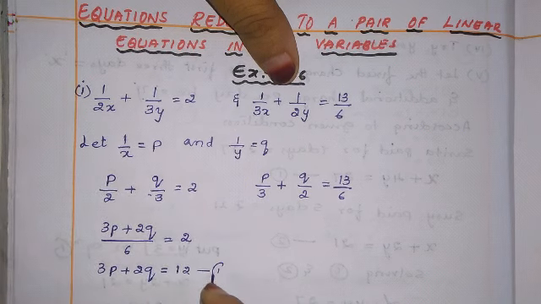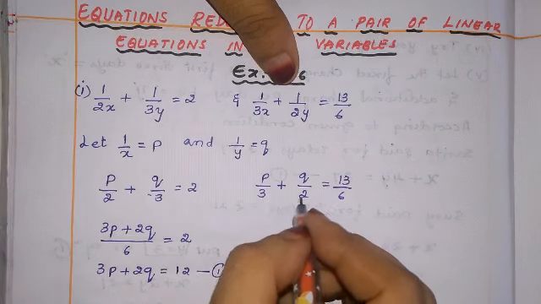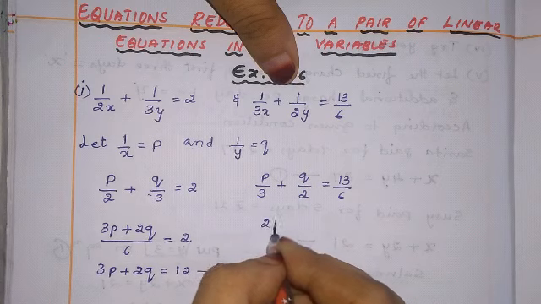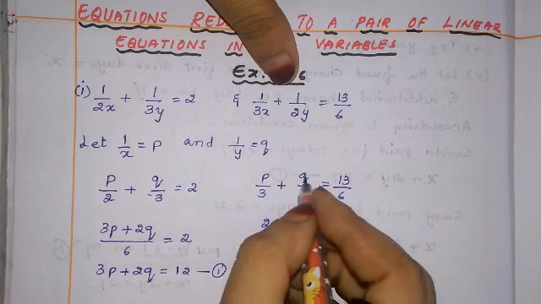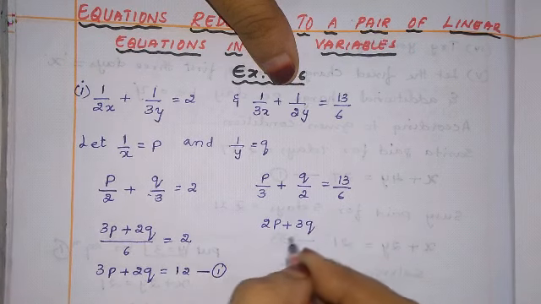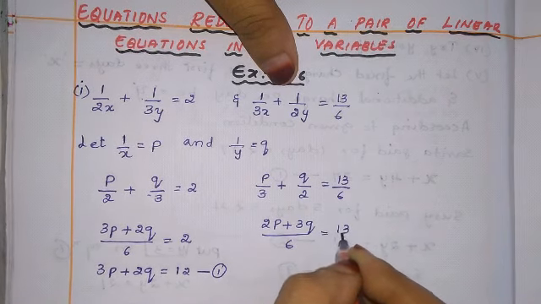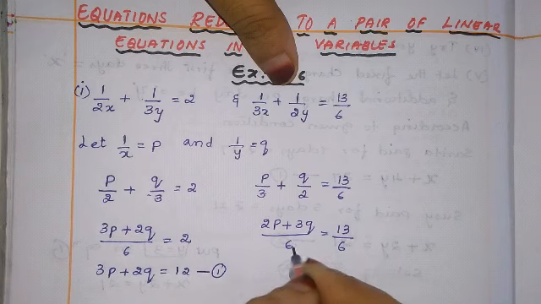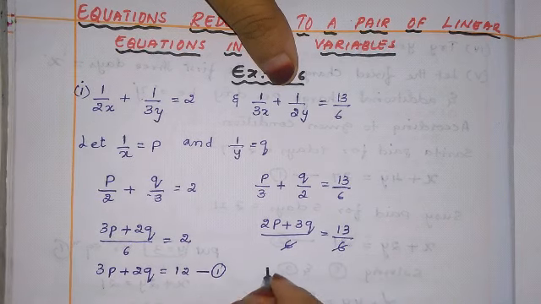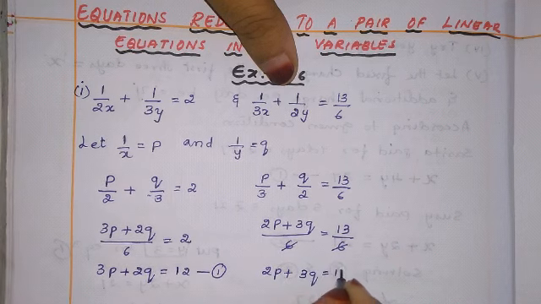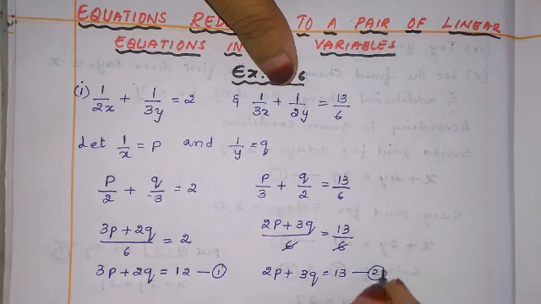Let us consider this as equation 1 because it is in linear form now. Next, 2 into p, 2p, plus 3 into q, 3q, by 3 2s are 6 is equal to 13 by 6. Here the denominator gets cancelled, so 2p plus 3q is equal to 13. This is equation 2.